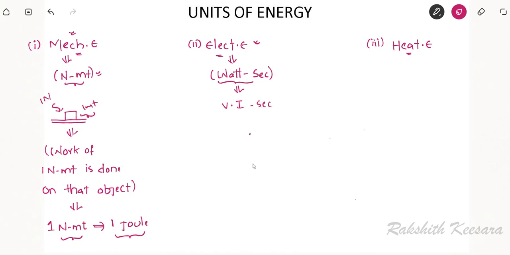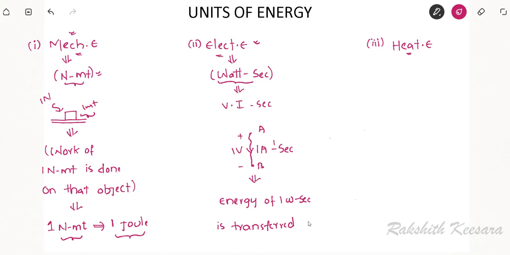So if there are 2 points A and B, and the potential difference between them is 1 volt, and if 1 ampere current flows through them for a duration of 1 second, then it is said that energy of 1 watt second is transferred between the 2 points A and B.